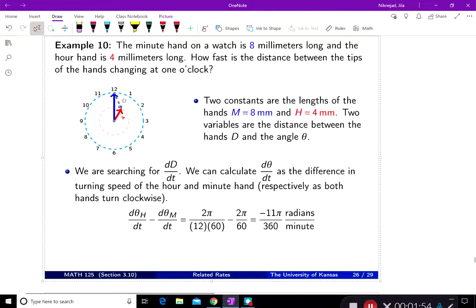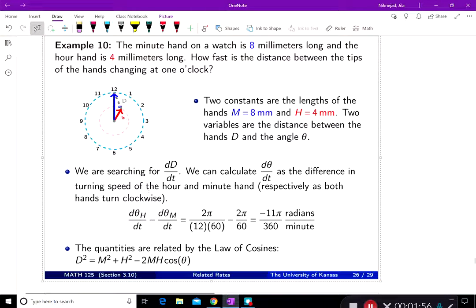And then why do I need that? I need to relate d and theta somehow, and d, 4, and 8 are the 3 sides of a triangle, and what I know is the law of cosines.